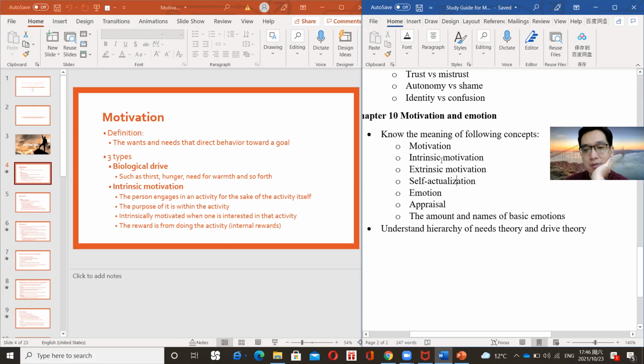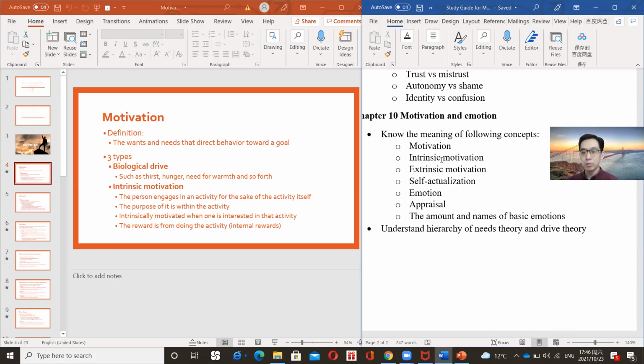Intrinsic motivation is involved when people's purpose is inside the activity. People engage in a certain activity for the sake of doing that activity, not for other purposes.